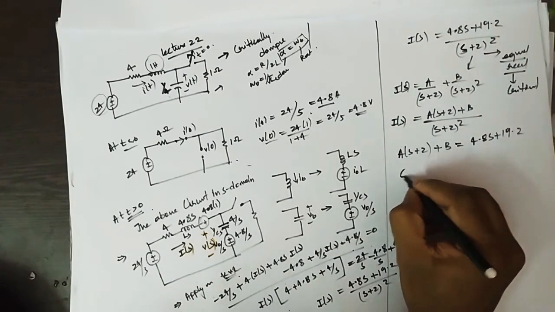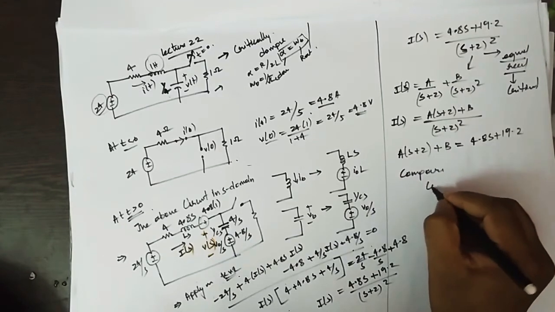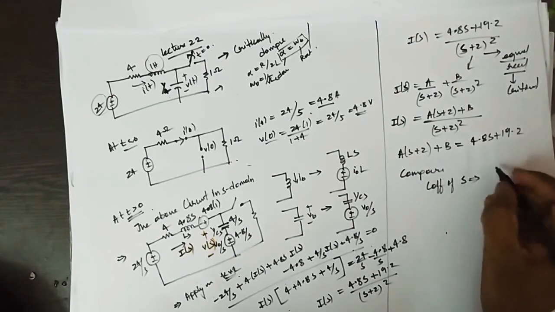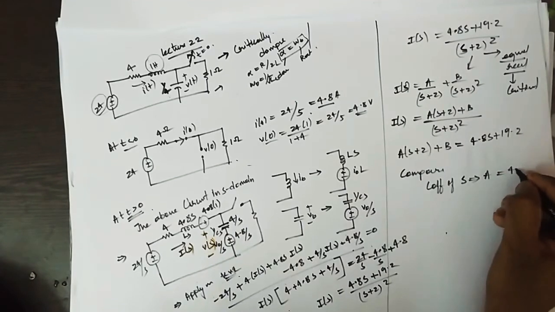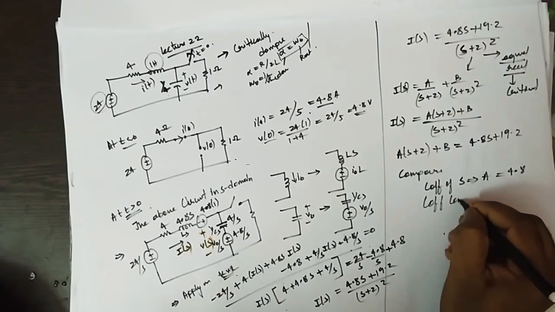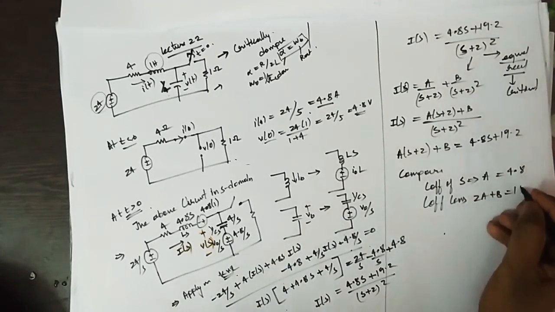Comparing the coefficients, the coefficient of s gives A equal to 4.8, and the constant gives 2A plus B equal to 19.2.